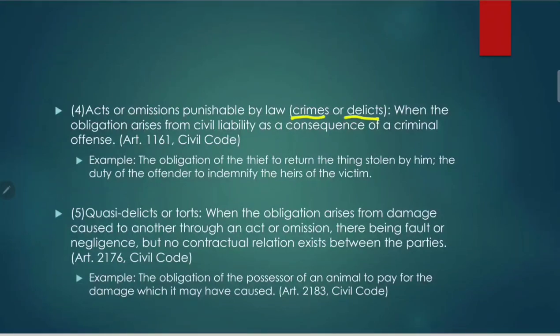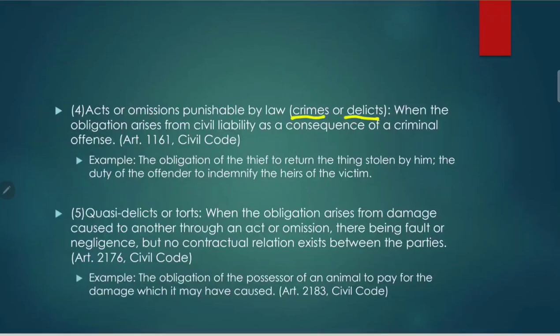Example, the obligation of the thief to return the things stolen by him, the duty of the offender to indemnify the heirs of the victim. May separate discussion din po tayo mamaya dito, pero let us first take note that crime or delicts, other term for crime, acts or omissions punishable by law, is a source of obligation.